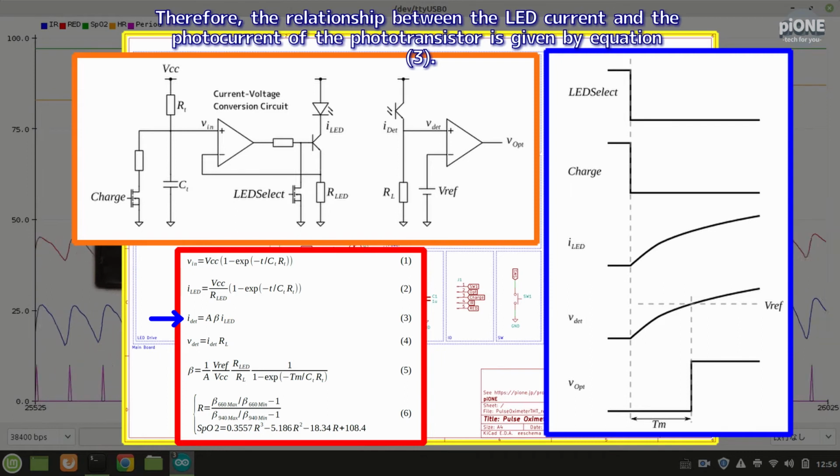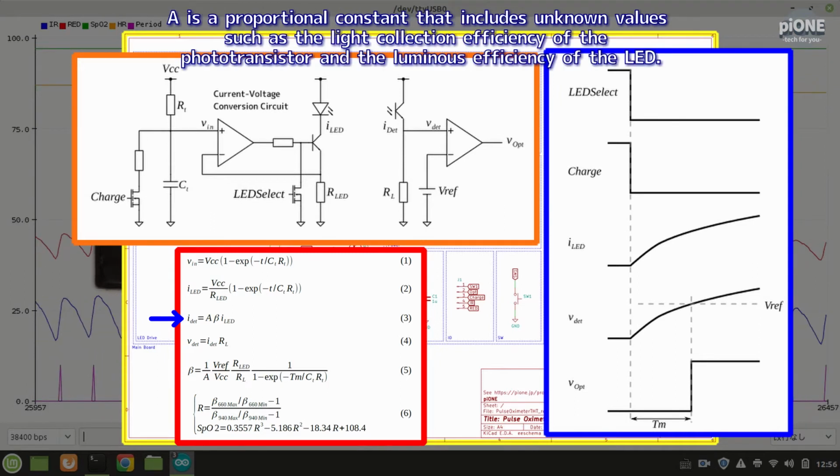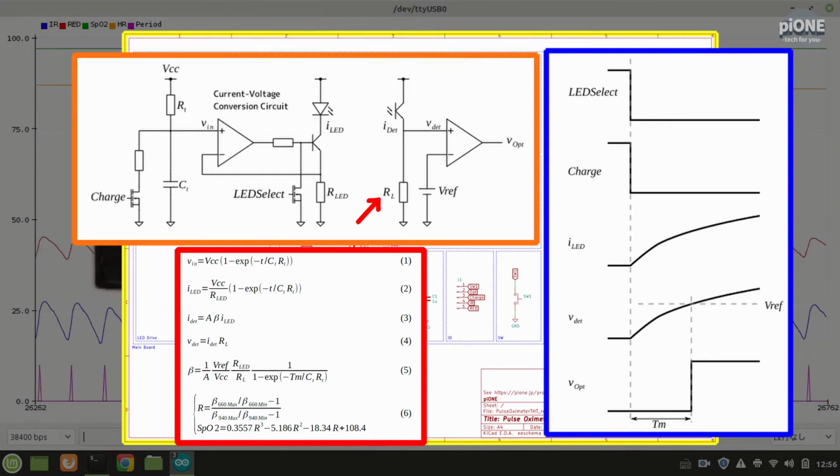Therefore, the relationship between the LED current and the photocurrent of the phototransistor is given by equation 3, where beta is the transmission coefficient which we need. A is a proportional constant that includes unknown values such as the light collection efficiency of the phototransistor and the luminous efficiency of the LED.